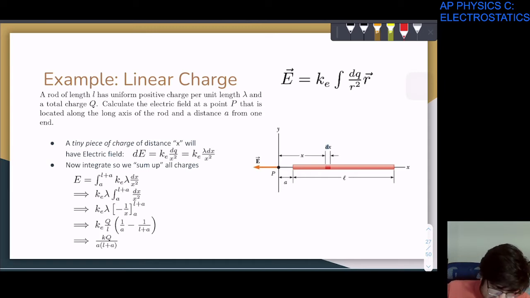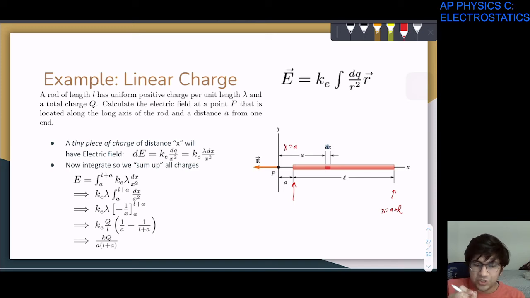And yeah, so what we're going to do now is set the limits of our integral. So we're going to be integrating from x equal to a, which is this point here, all the way up to x equals a plus L. And all we're saying is that we're just specifying where our charge is.